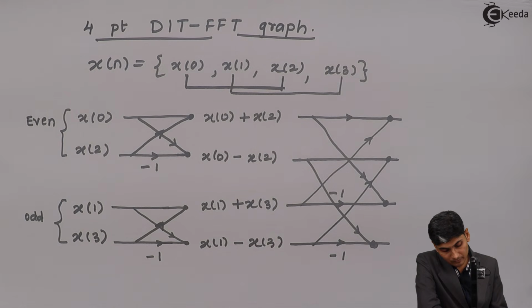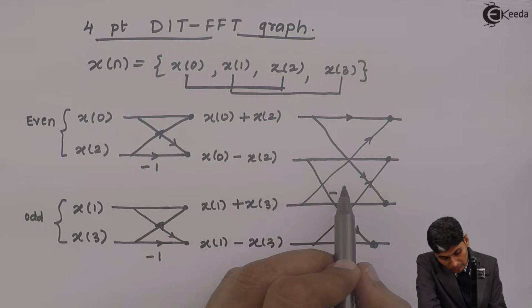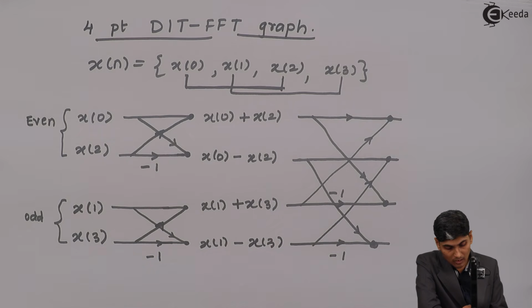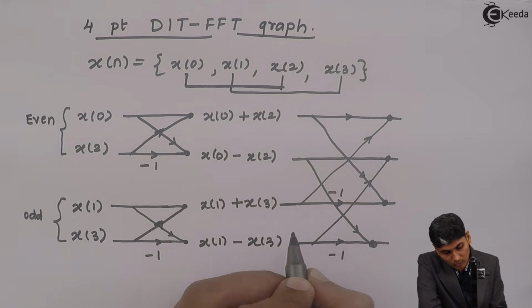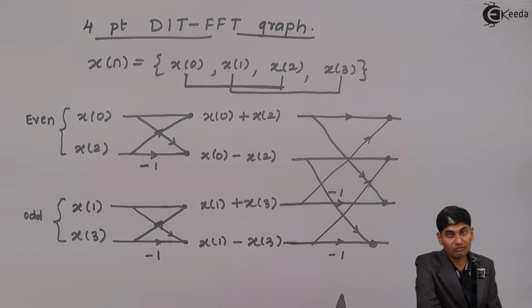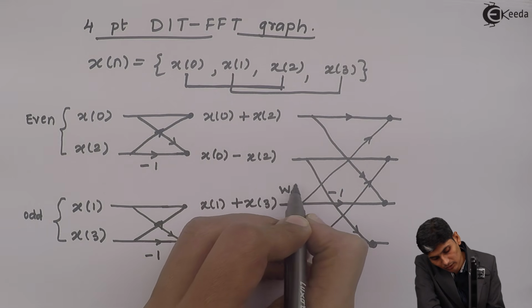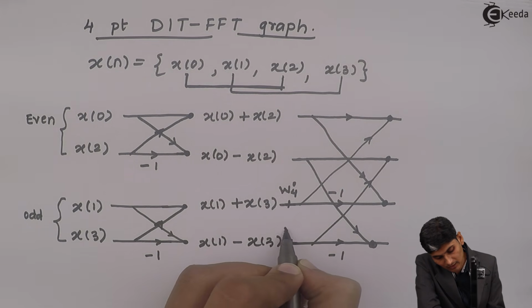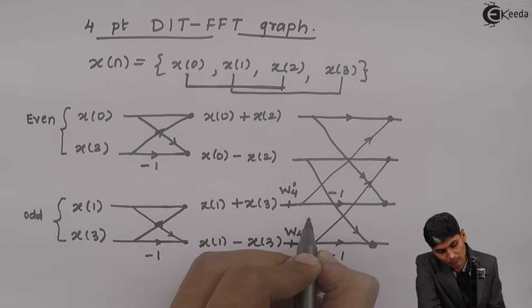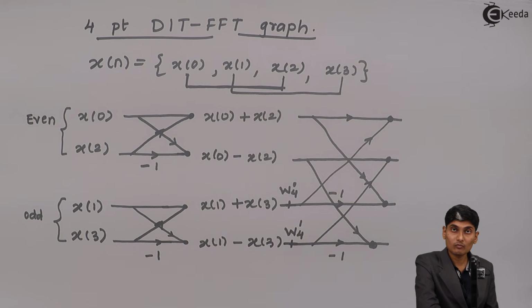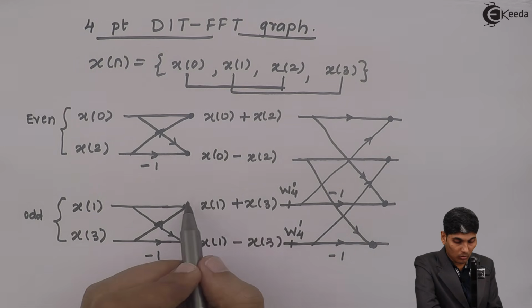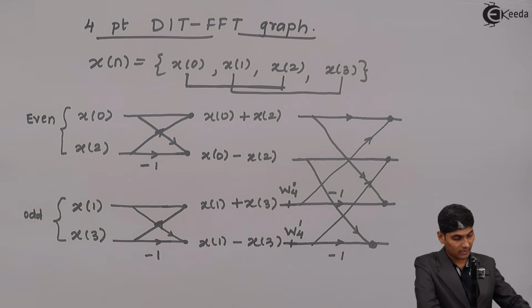Right? Now before actually getting into the crisscrosses or this structure, I will multiply the lower section by 2 factors: one factor is W4 raised to 0 and the second factor is W4 raised to 1. So before entering these sequences, I will multiply the sequence by these factors.